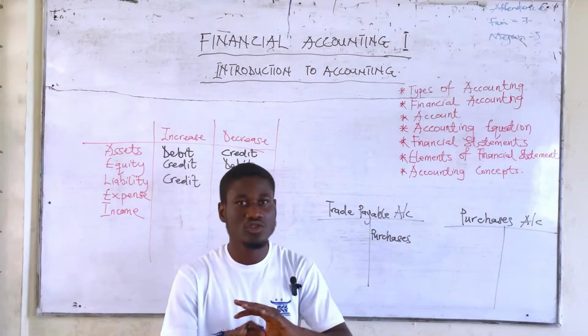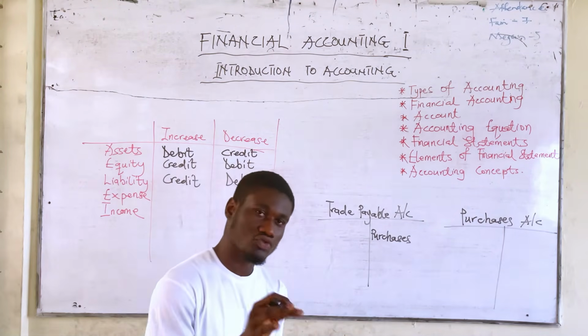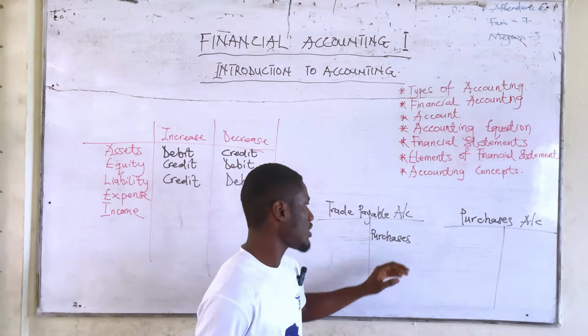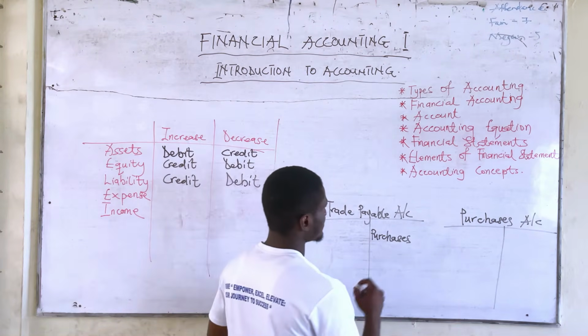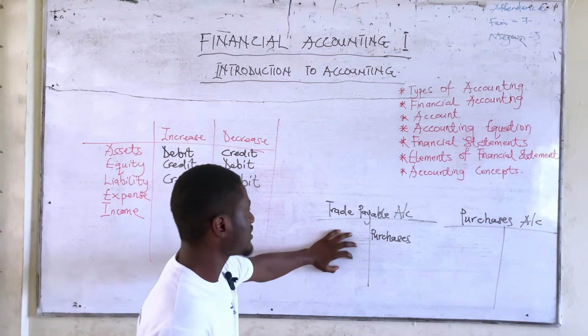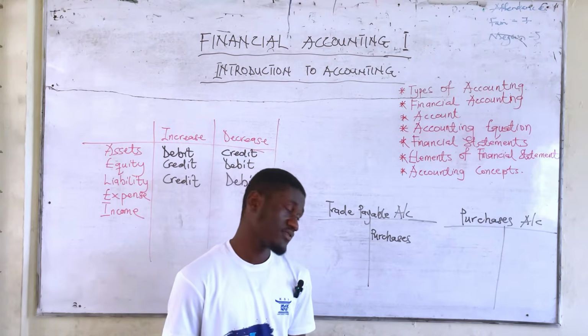But when it says purchase goods, it's purchases. You get it. So for purchase of any other items apart from goods, you are going to use that item's account. Good. So we have trade payables here and purchases, which are the two accounts involved.